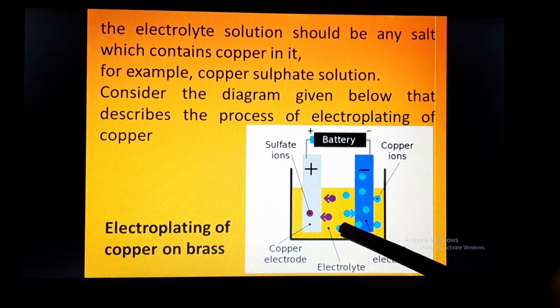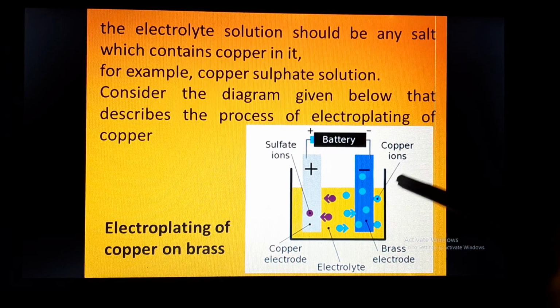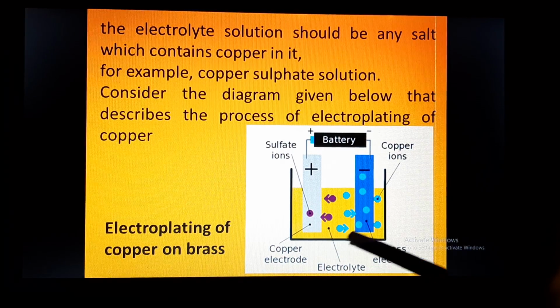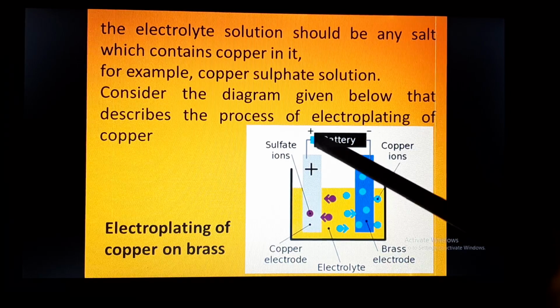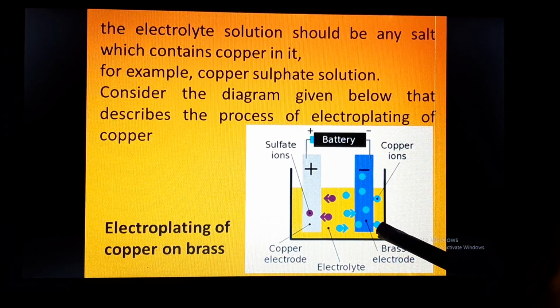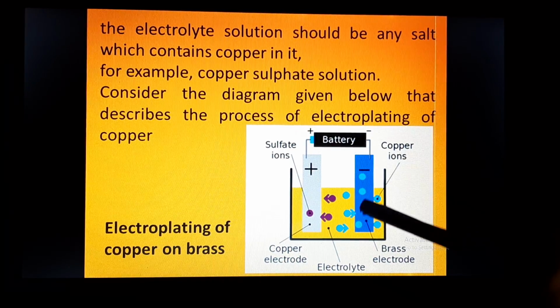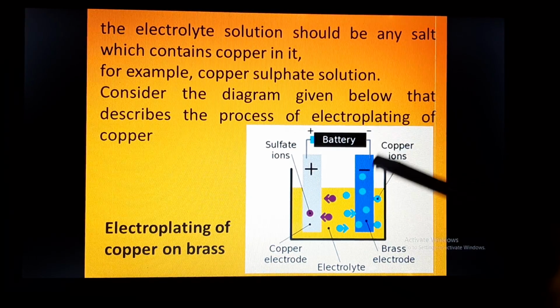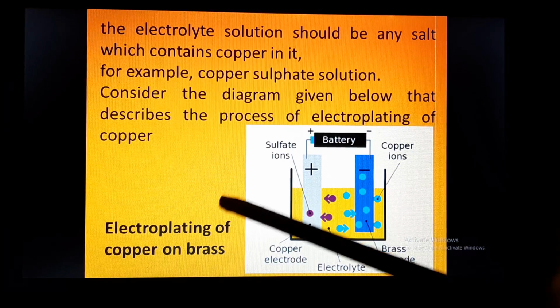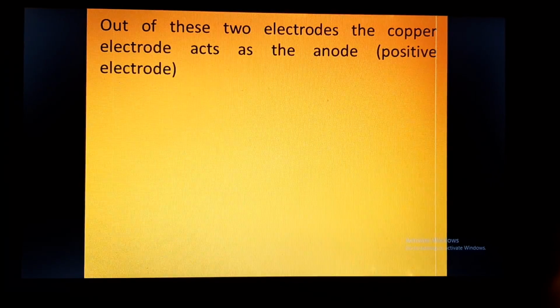Now copper sulfate will dissociate into copper positive ions and sulfate negative ions. So negative sulfate ions will go to copper and positive copper ions will go to brass. So copper is going to brass, and therefore copper is depositing on brass this way. That is how electroplating of a metal is done on another metal.